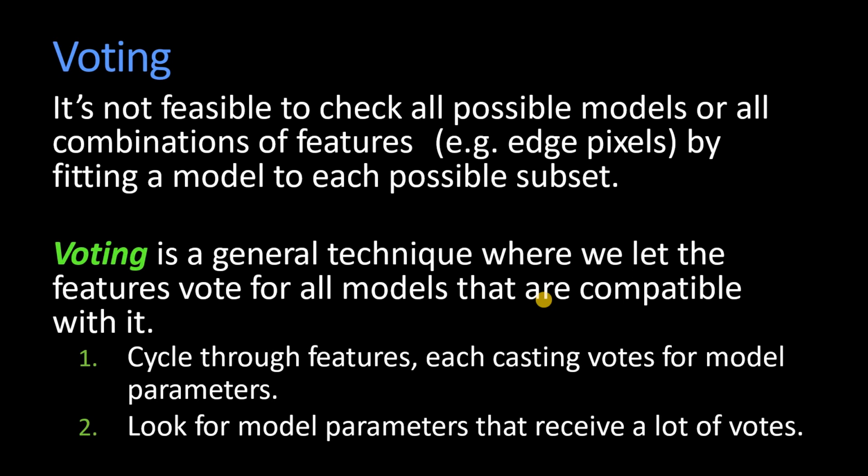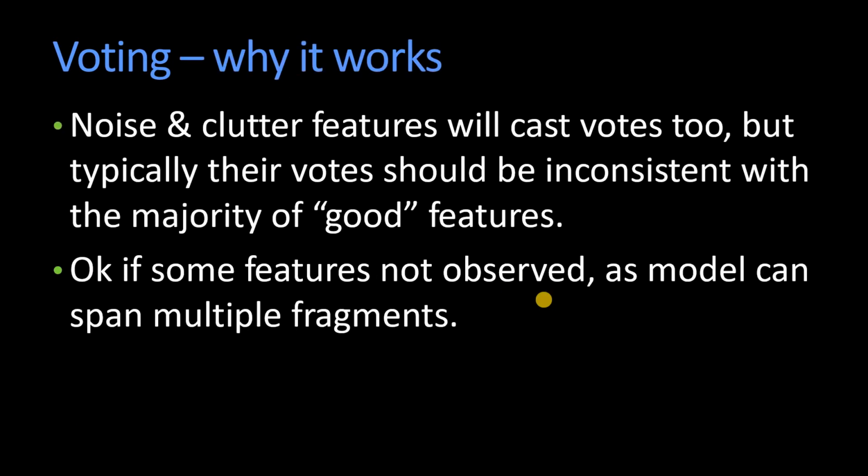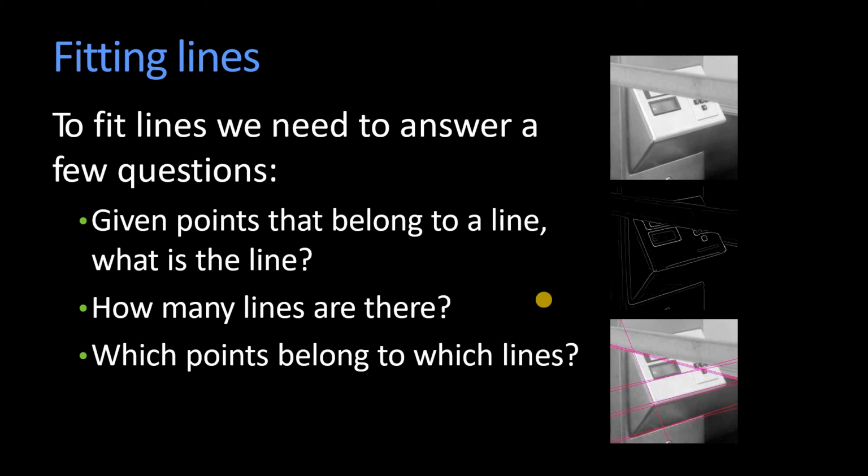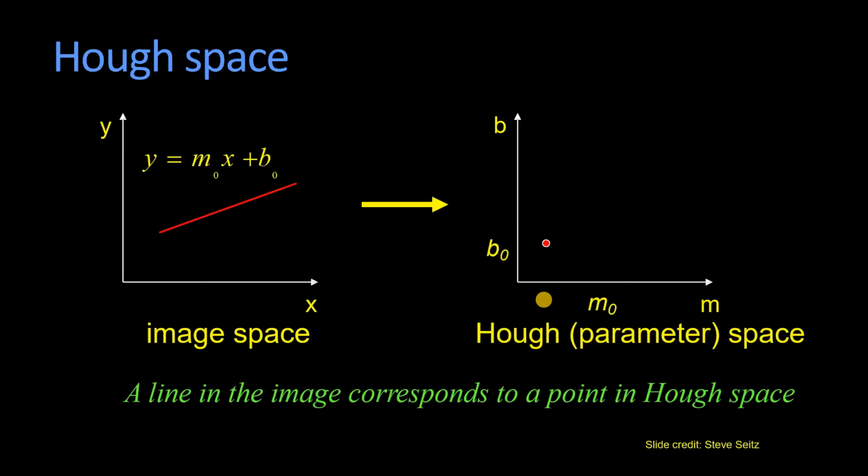This is one of the most difficult chapters till now. So to explain the voting, I will first have to explain to you the concept of the lines and the image space and the Hough space.